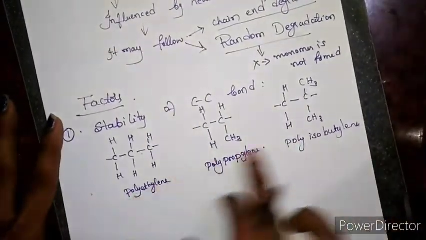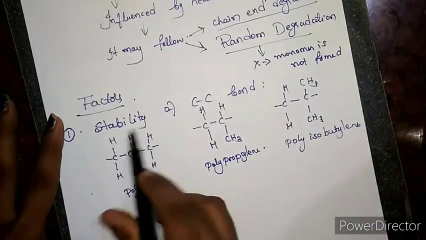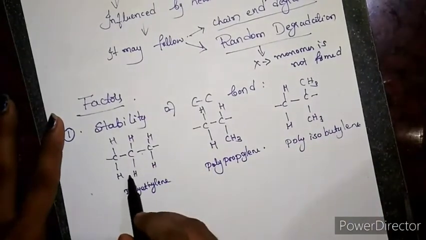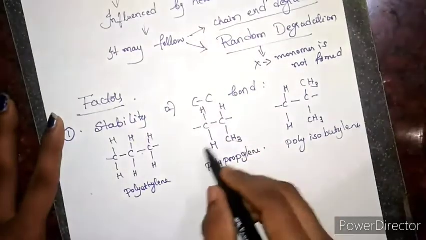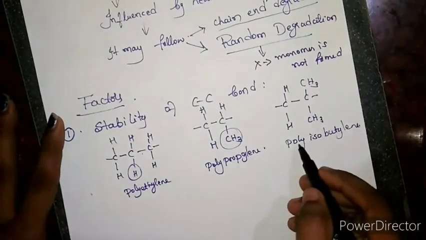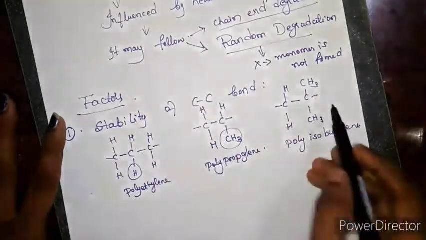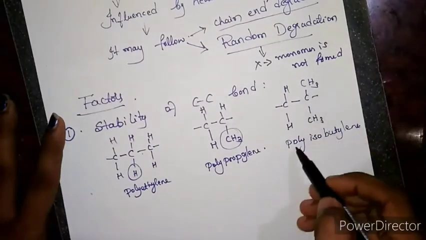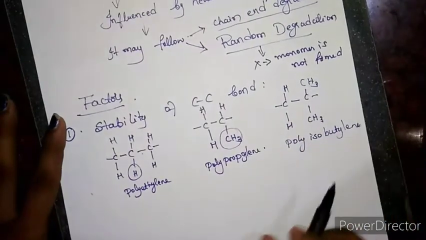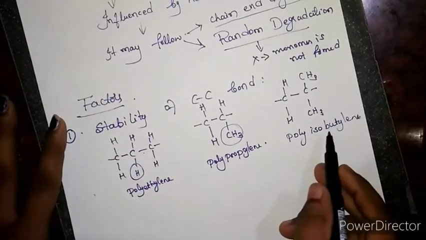What you can see, as we move from left to right, here you have H as a substituent group, but here you substituted CH3 in place of H. But in polyisobutylene, you replaced both the H with CH3 groups, right? So what happened moving from polyethylene to polyisobutylene?